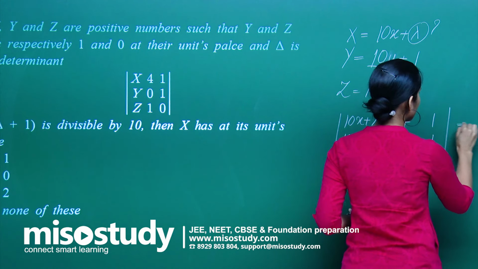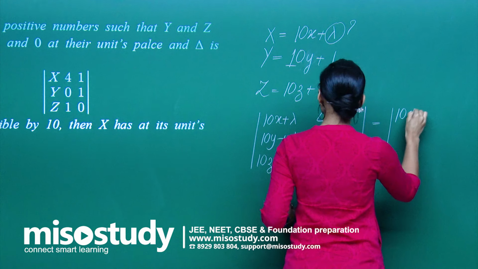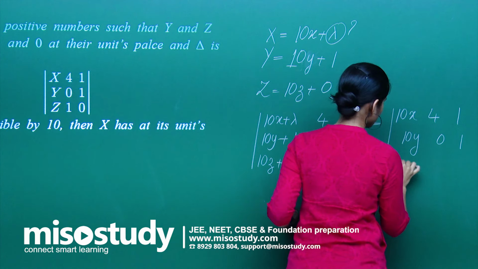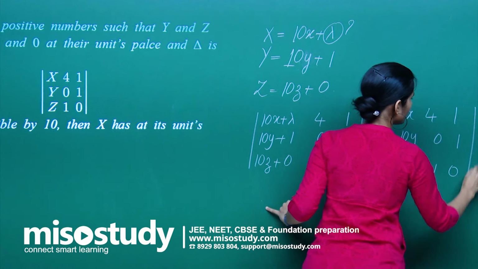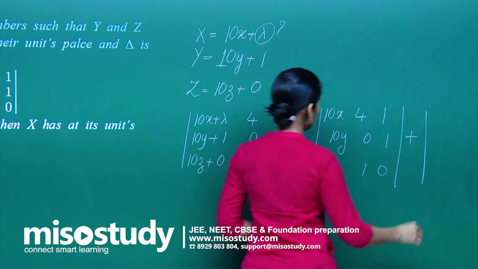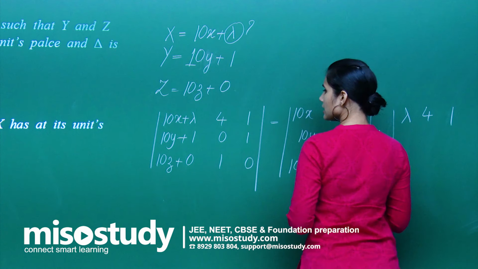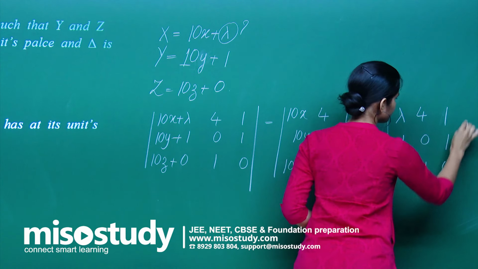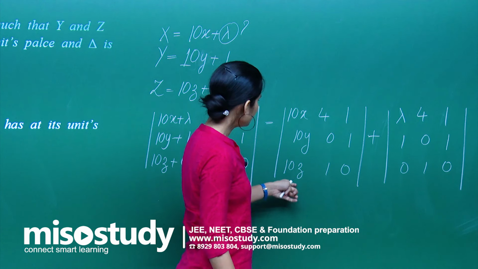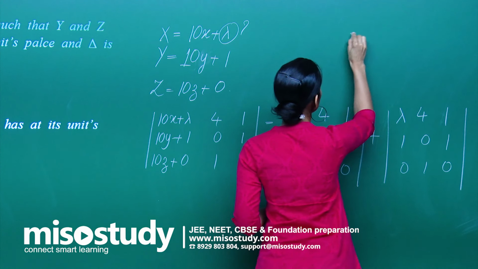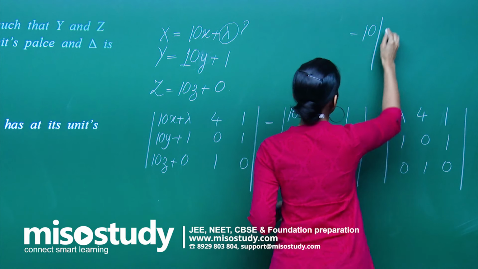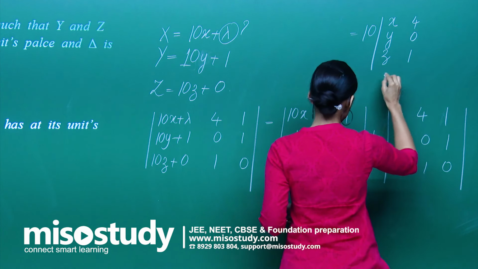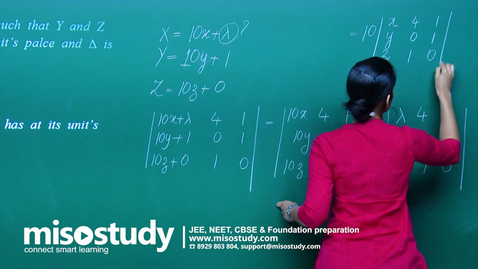I can break this up as 10x 4 1, 10y 0 1, 10z 1 0, plus lambda 4 1, 1 0 1 and 0 1 0. Clearly from here you can see I can take out 10 common. I am left with x, y, z, 4, 0, 1, 1, 1, 0.